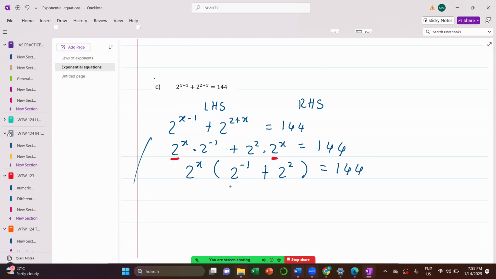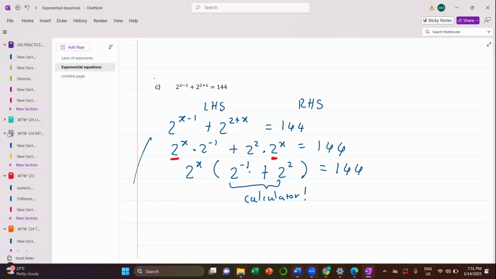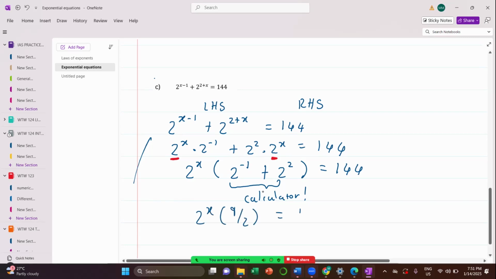And I told you, you do not stress about this whole thing. You just punch it into the calculator. I know the examiner is going to say without the use of a calculator, but we do use a calculator, in a smart way. So 2 to the exponent of negative 1 plus 2 to the exponent of 2 gives you 9 over 2. So it's going to be 2 to the exponent of x into 9 over 2, just equal to 144. But what are we going to do?